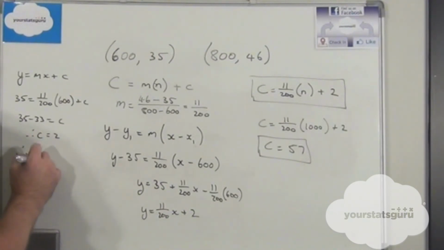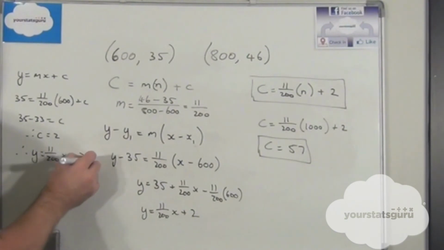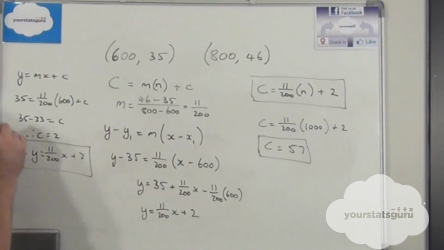Therefore the equation is y is equal to 11 over 200x plus 2. I get to the same result.